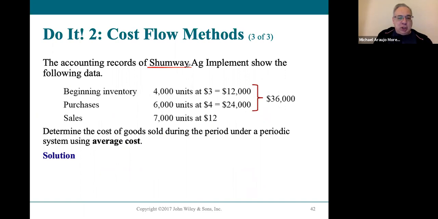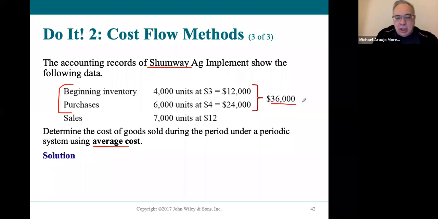Well, there must be some way to do the average cost. Yes, it's a little more involved because now we have to do a few things. For example, we have to total up how much our inventory was worth. That's the beginning inventory of $12,000, 4,000 at $3, plus the purchases, 6,000 at $4.